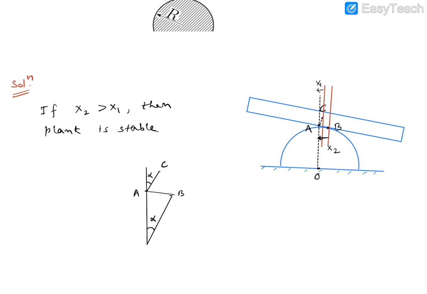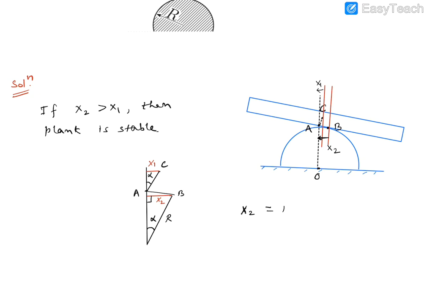Now we can draw a perpendicular from C to this line and from B to this line. We call the upper one x1 and the lower one x2. Now we can easily compare x1 and x2. This distance is definitely the radius, so that is r, and the angle is 90 degrees, of course, since we are putting the perpendicular.